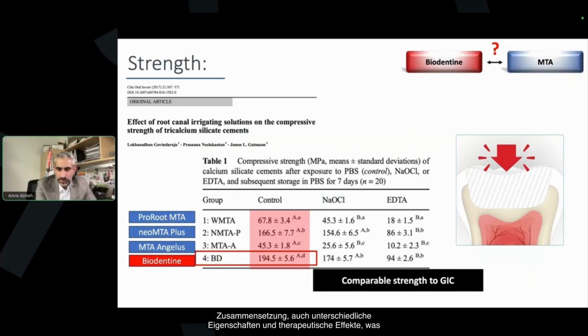And for a pulp capping material, such mechanical strength could be needed because you are actually providing a mechanical protection for the pulp, beside the seal and the therapeutic effect, especially if it is placed for some time as a temporary material before you place your final restoration on top of it.